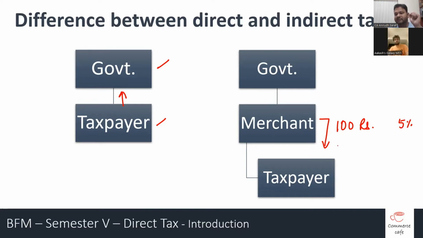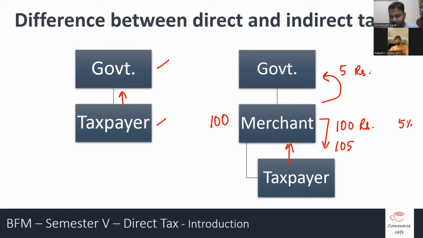The merchant will add the tax, so the shopkeeper will collect from you not 100 but 105 rupees. Out of that, 100 belongs to the merchant, but the 5 will be paid by the merchant to the government.